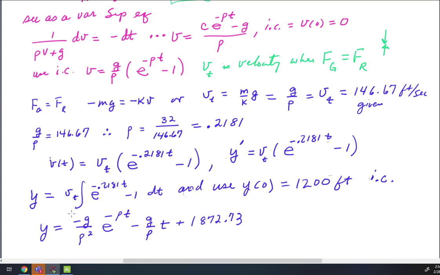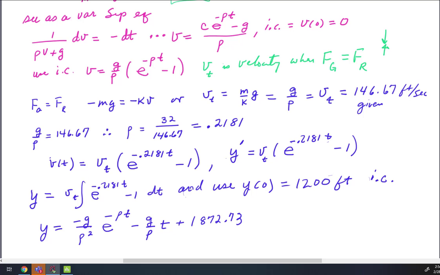So this will be the value of y after you've used this initial condition. And I've gone back just for the ease of writing. Instead of using rho equal 0.2181, I've just used the rho symbol again. And this is what y looks like.